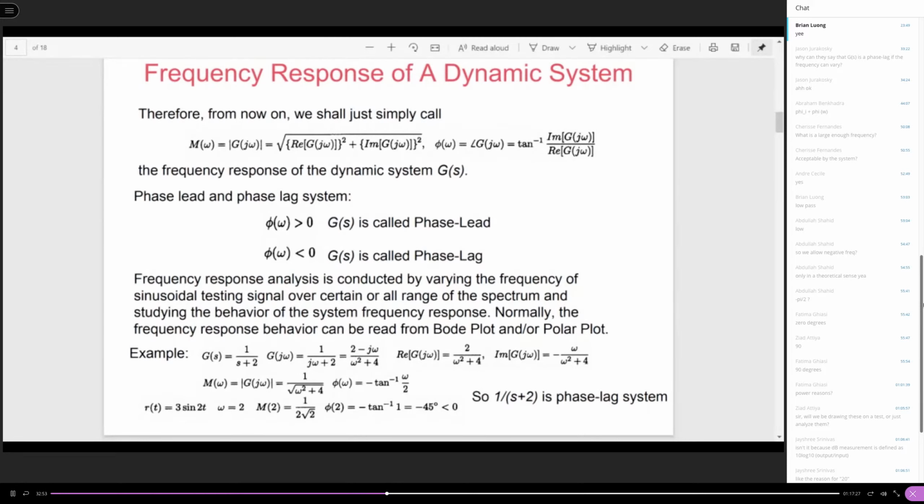The phase provided by the system could be positive or negative. So it makes sense for us to use this phase to classify the system in terms of frequency response. For example, if the system provides a positive phase, then we call it a phase lead. If the system provides a negative phase, then we call it a phase lag.